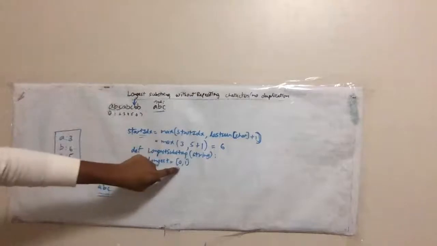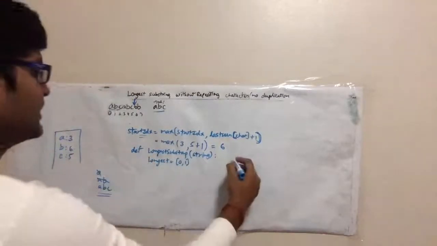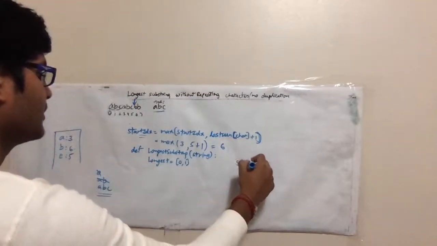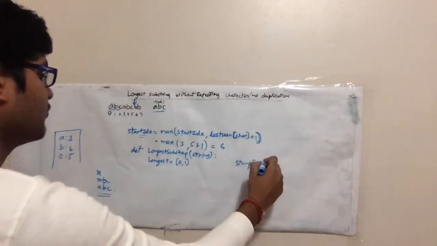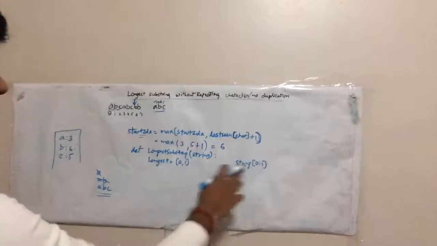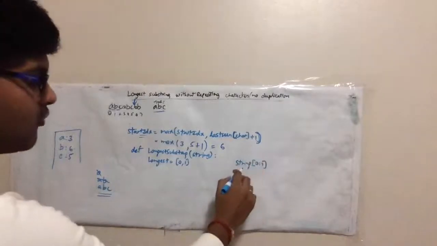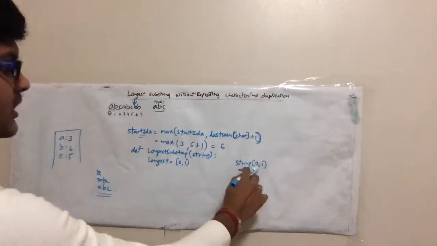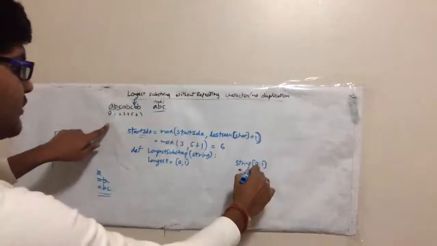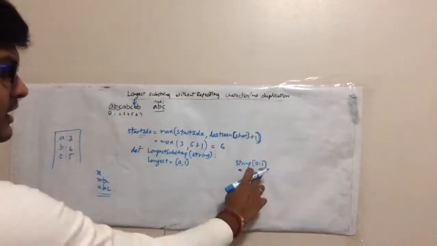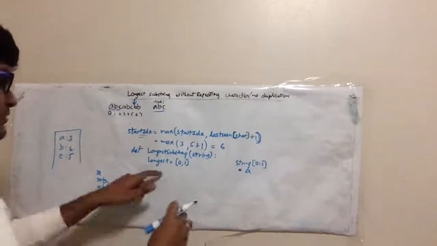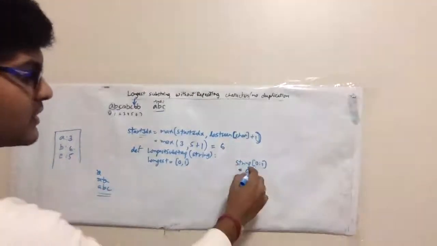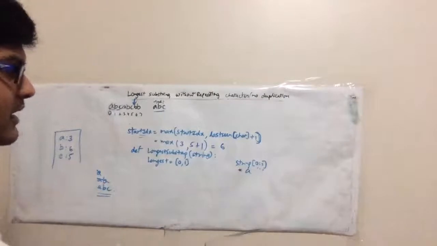What's this 0 comma 1? This means string of 0 to 1. So what will this give? String of 0 to 1 will give the first character only. The 1 will be eliminated and it won't be considered. Okay, so I am just working on the indexes rather than the actual strings.